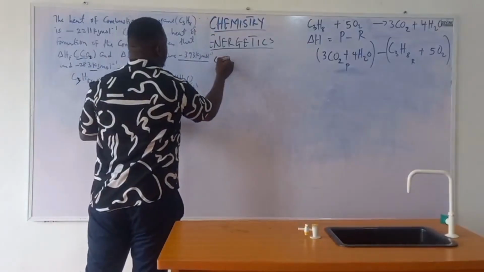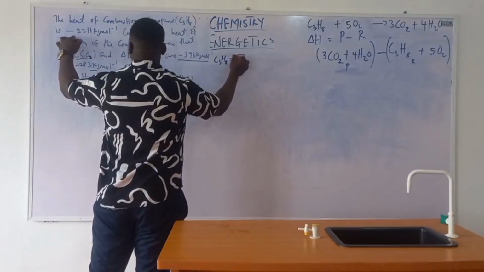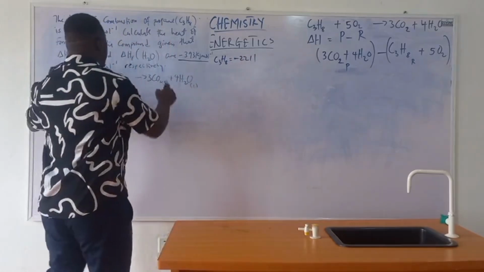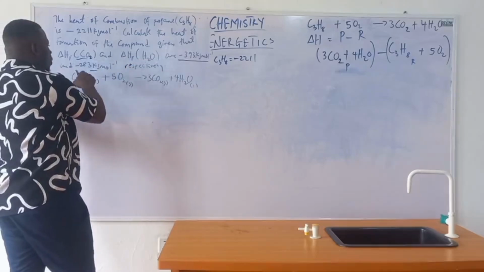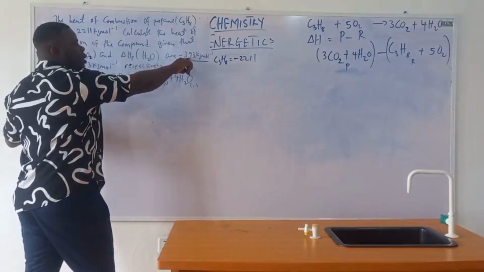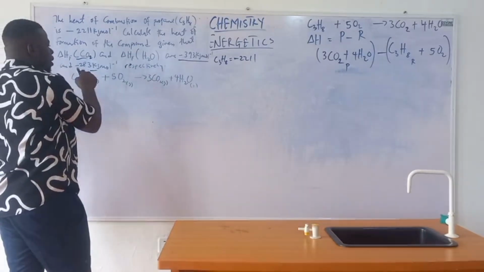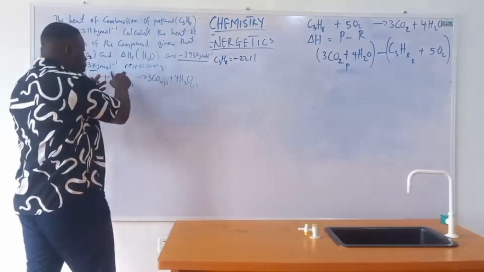Now, let's bring out the parameters. Propane is C3H8, and they said it equals minus 2211, right? Then, given that CO2 and H2O are minus 393 and minus 283 kilojoule per mole respectively.